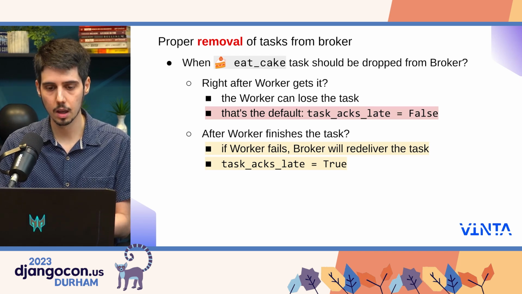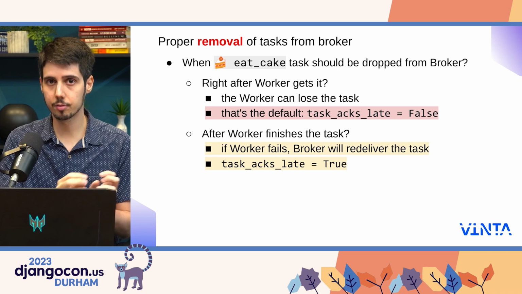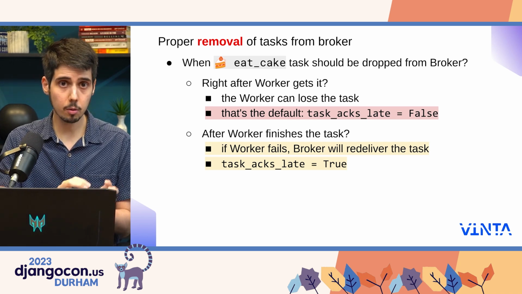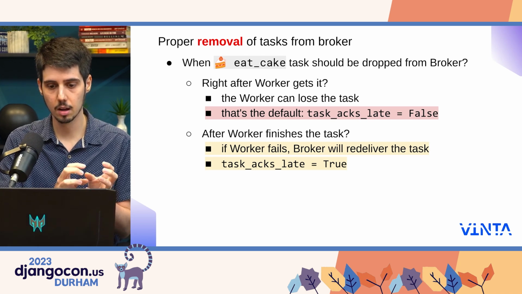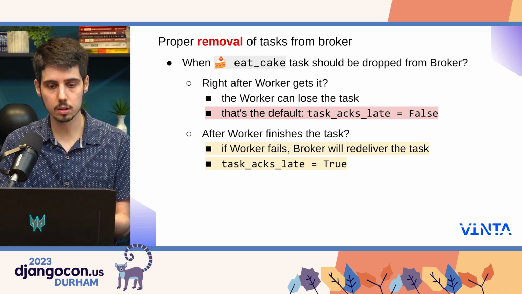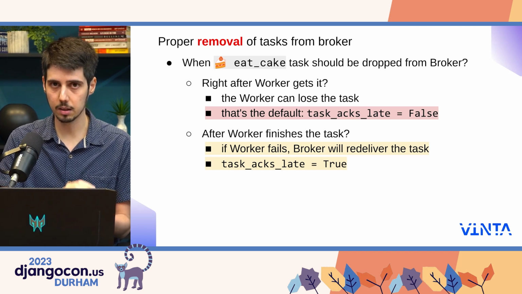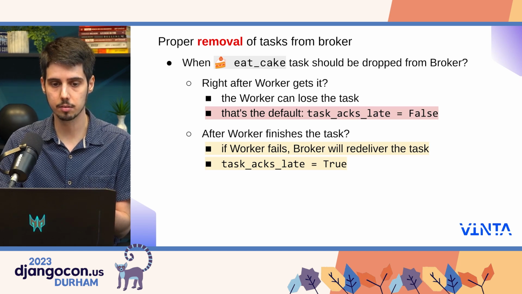That's the default. We can change that to only drop the task from the broker after the worker finishes. So if the worker fails, the broker will have to redeliver the task. The task will remain on the broker until the worker finishes, and if the worker fails, the task will be redelivered. That means task_acks_late true. You can activate that behavior and you should activate that behavior.